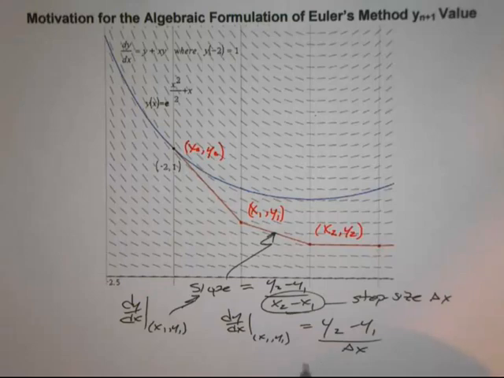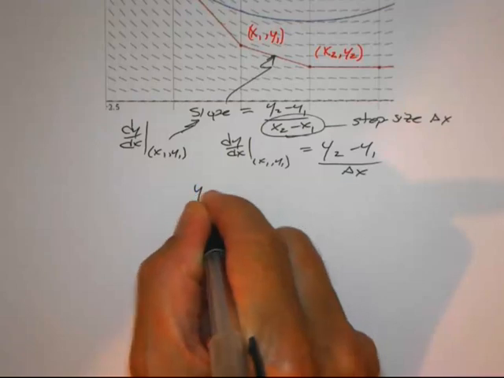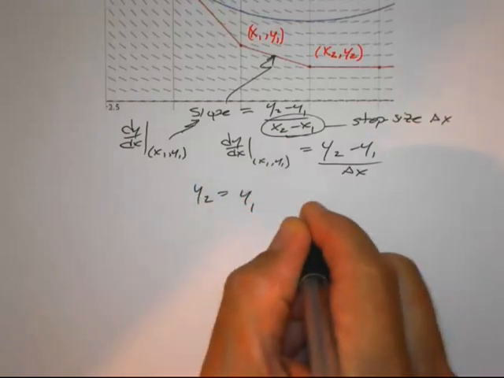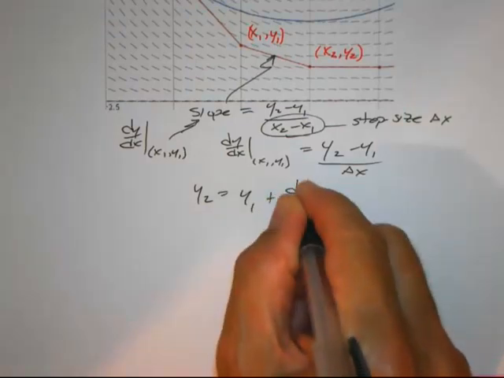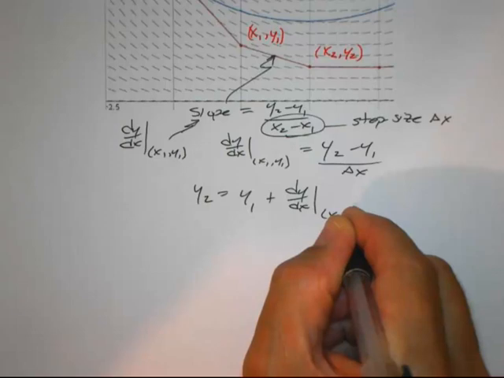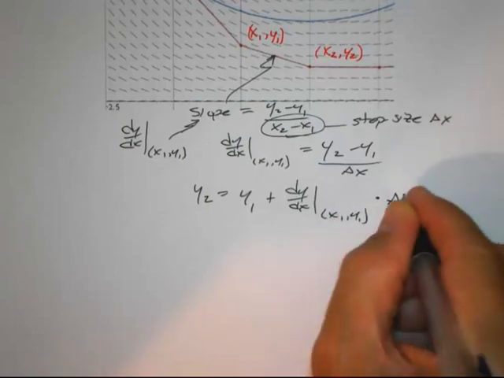Well, we can, of course, solve this algebraically for y sub 2: multiply both sides by delta x, add y1 to both sides. This can become, put y sub 2 on this side now, equal to y sub 1 plus dy dx evaluated at x sub 1, y sub 1 times delta x.